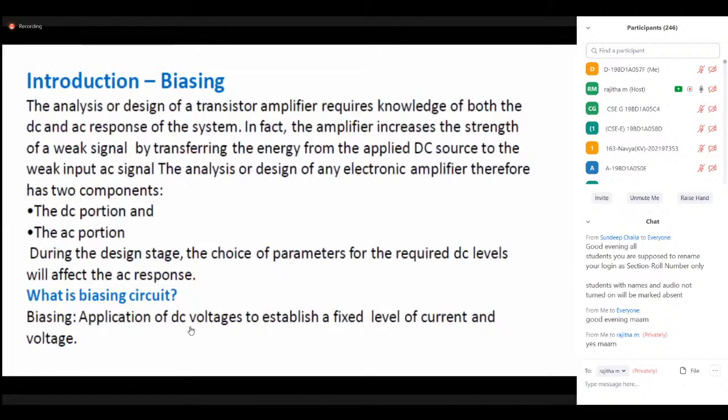Hence, biasing is nothing but the application of DC voltages to establish a fixed level of current as well as voltage.